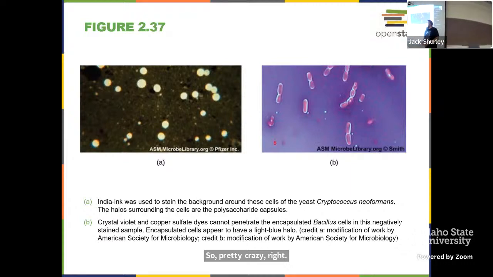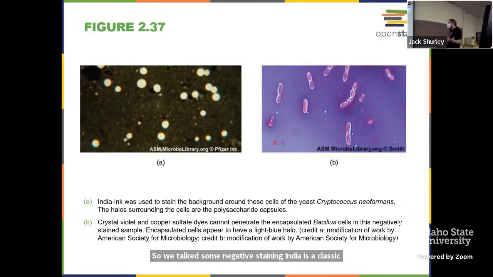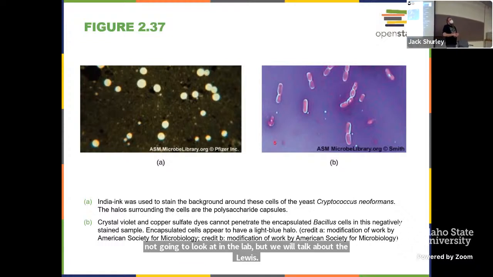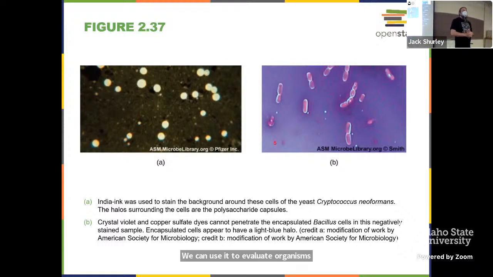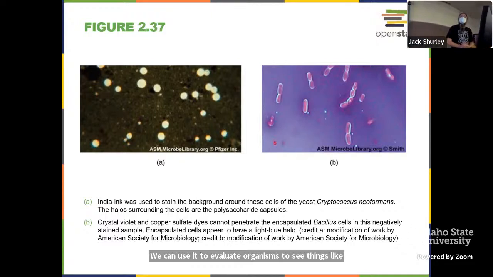India ink is a classic one for negative staining. This is something we're not going to look at in the lab, but we will talk about it a little bit. We can use it to evaluate organisms to see things like maybe the presence of a capsule layer, a sugar coating, all right?